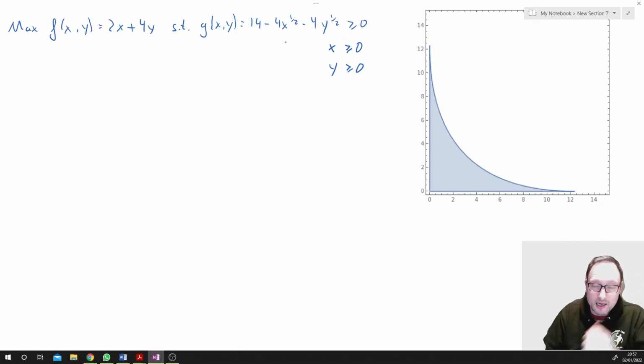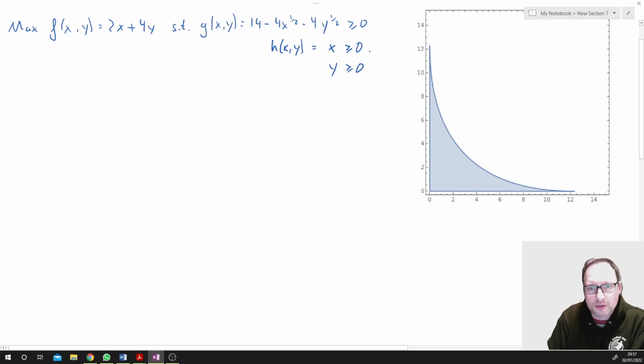So in some sense, it's best to solve this by acknowledging that we have two more constraints here. You can do it without this, but I want to show you how that would work. We basically just call these two more constraints. We'll call the first one h of x and y, and that is just x larger or equal to 0.